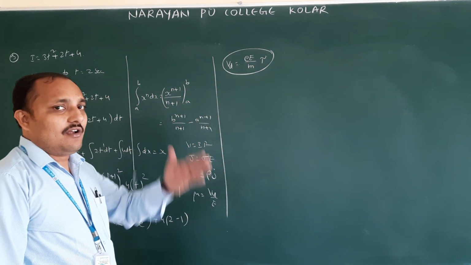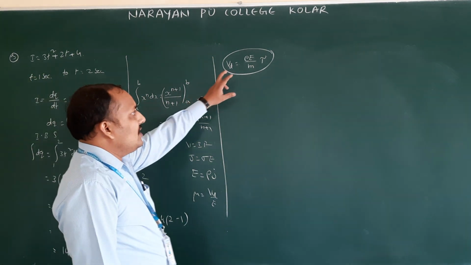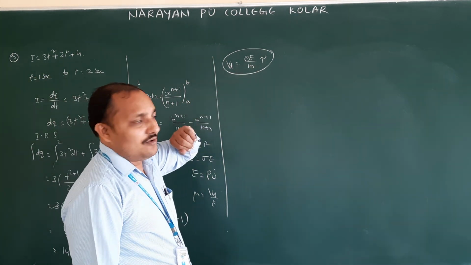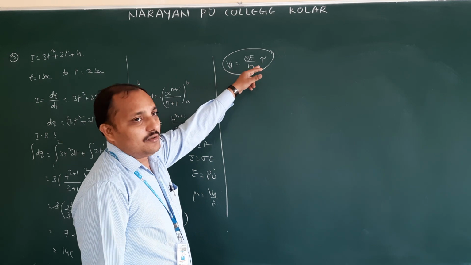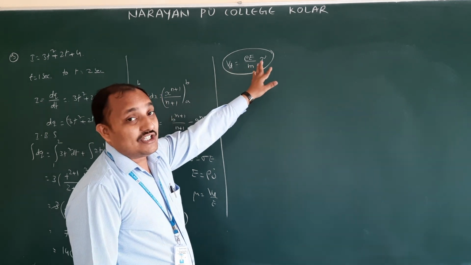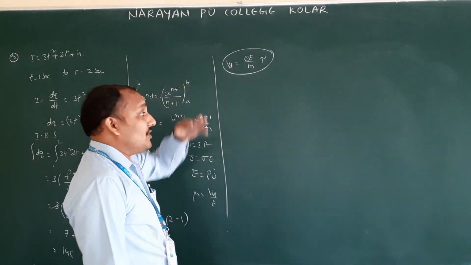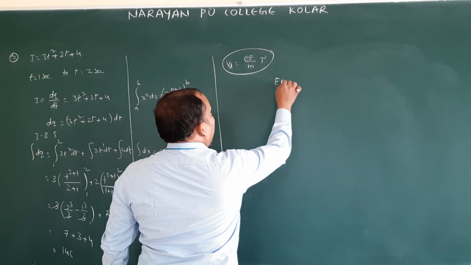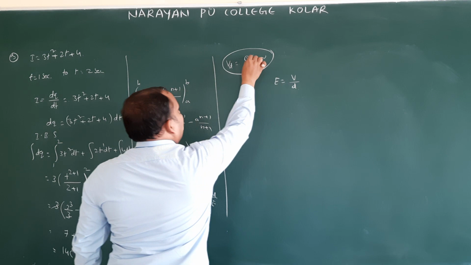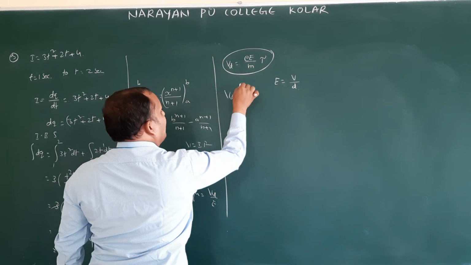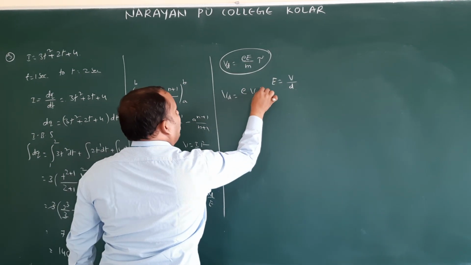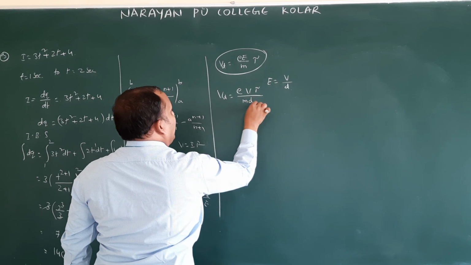So I told you to write all formulas at one place, then we can see this equation there. They are asking drift velocity and potential difference. Therefore here electric field is there. So we get to know electric field and potential difference. E is equal to V by l, substitute: Vd is equal to e V tau by m l.